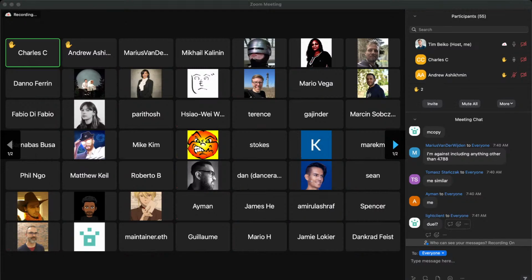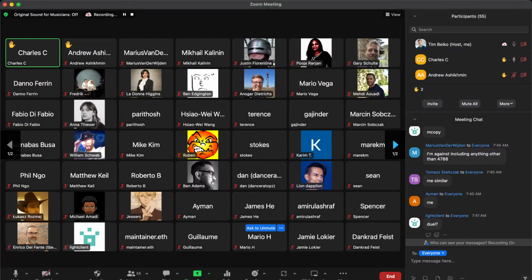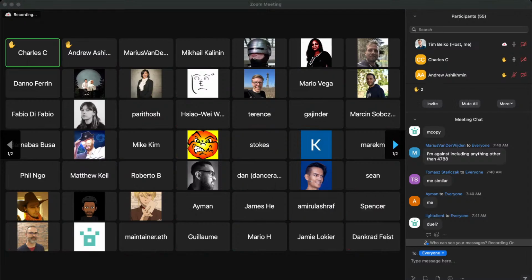And then the case for mcopy is in my view pretty straightforward too. It's pretty straightforward to implement. As far as I know, it doesn't have any interaction with the other EIPs that are considered for Cancun, and it would help compilers generate much better code, improving on code size and gas.